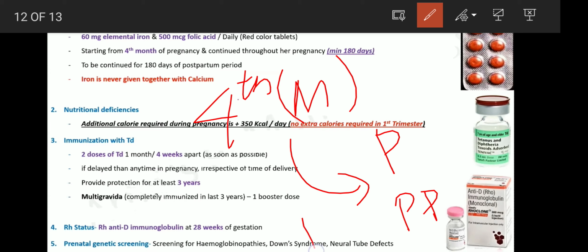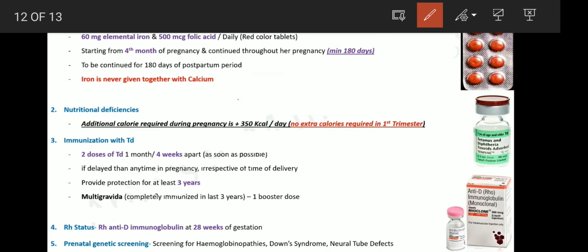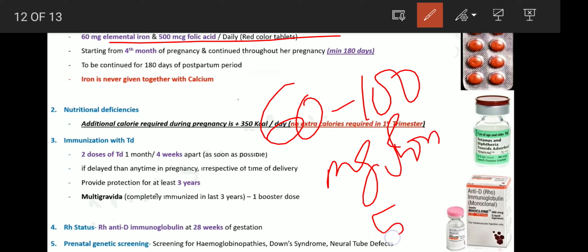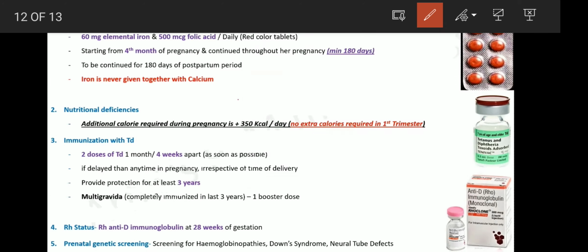In the postpartum period, for 180 days, we again have to give the iron and folic acid tablets, which contain 60 to 100 mg of elemental iron and 500 mcg of folic acid. They are the red color tablets, to be continued for 180 days of the postpartum period. Iron is never given together with calcium.